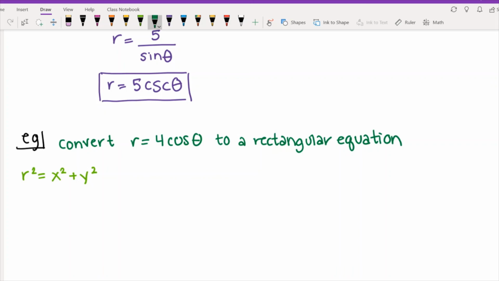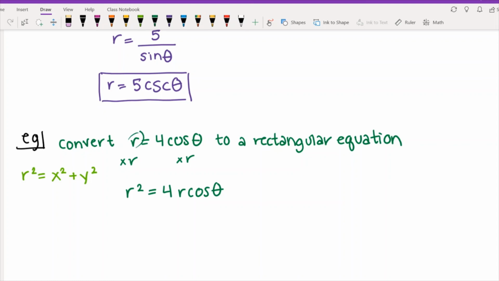So in order to actually use that translation, we need r squared. So we're going to multiply both sides of this equation by r. If we multiply both sides by r, we get r squared is equal to 4 times r cosine of theta. So why is that useful? You might think we could have just put in the square root of x squared plus y squared instead of doing r squared.